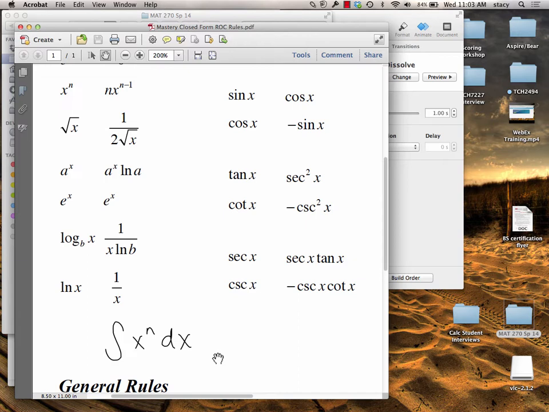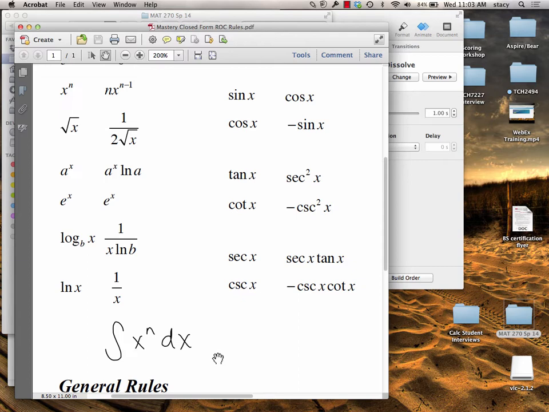Okay. Question. So, a little bit on the homework last night, there were some integrals that didn't look like they had been completely differentiated, so it confused me. Does that make sense?